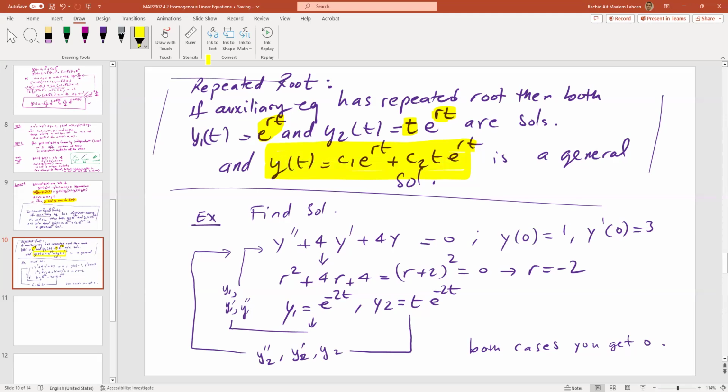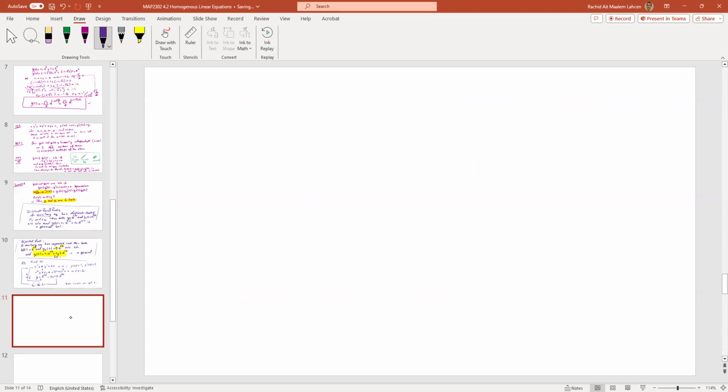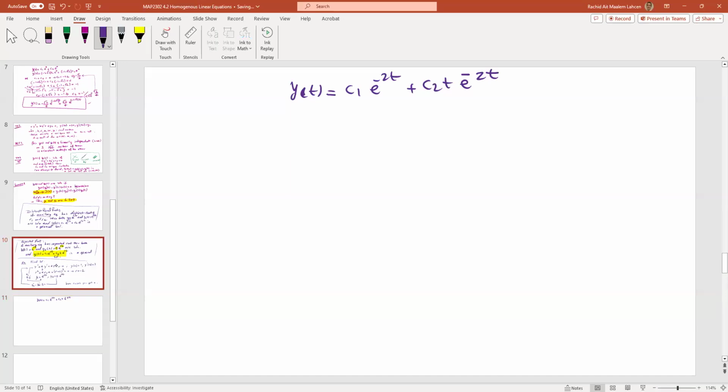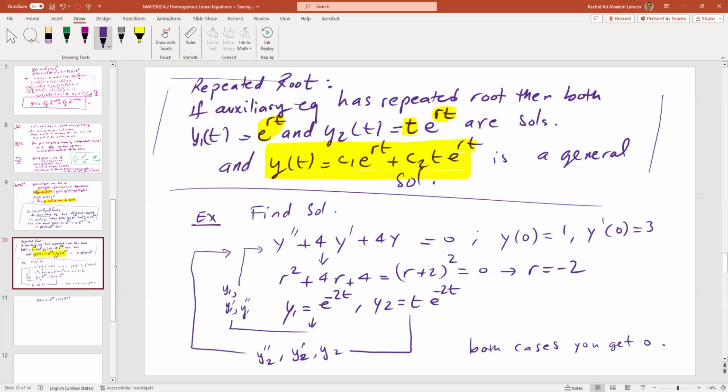Then, just like we did with previous examples, you can move on to the next step, which is the general solution, and find C1 and C2. So we do have the initial conditions, right?